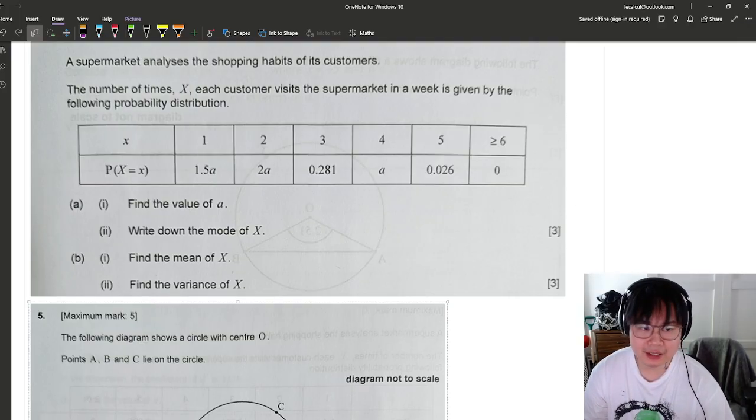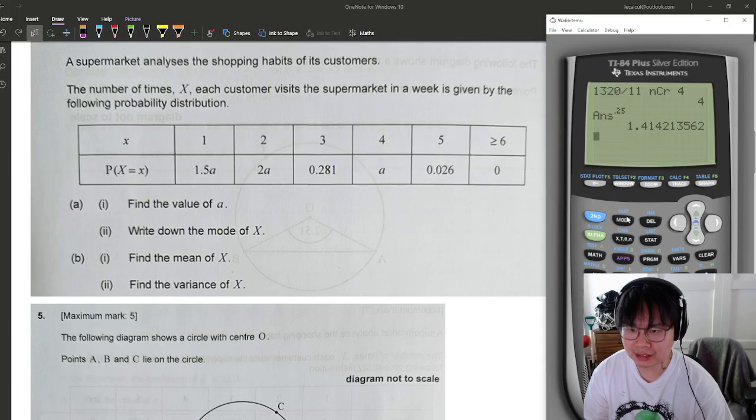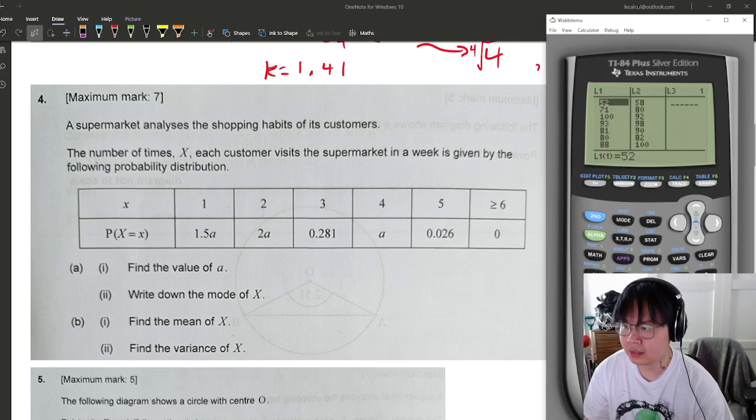But anyways, we can calculate the mean and the variance using a table. I didn't realize that we could do that. What you can do is put your x values as list number 1: 1, 2, 3, 4, 5, 6.